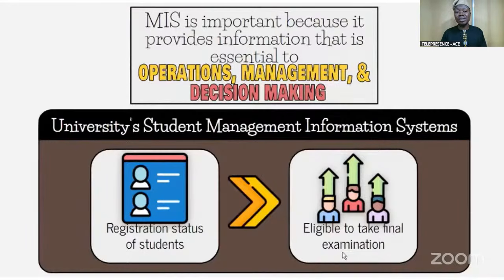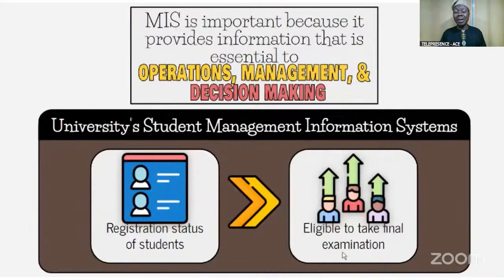Why? Because their data has not been incorporated into the system. Which means for you to be eligible to take the exam, you should have registered. And when you register for the course, it will be easier for you whenever it is time to take the exam. That is the purpose of managing information. That is management information system. Then as well, during the course of the CBT, some will be allowed to register at the point of the exam so as to accommodate them.